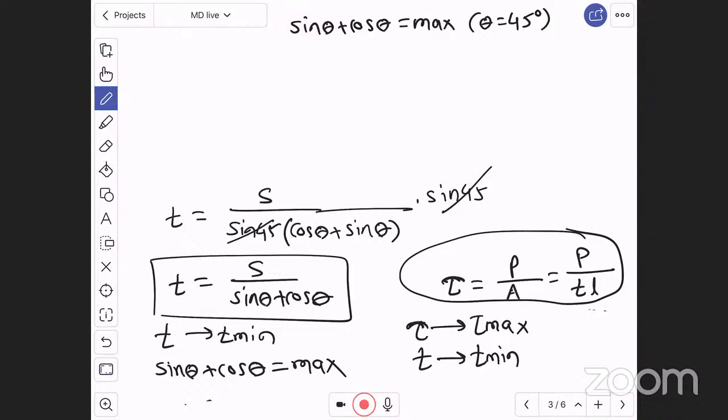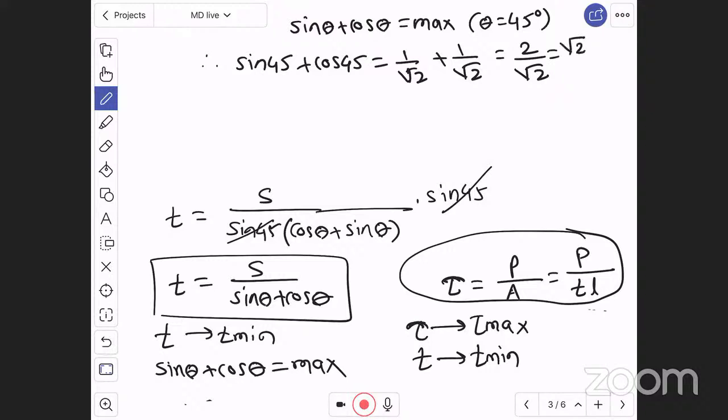Therefore, we can say sin 45 plus cos 45 is equal to sin 45 is 1 by root 2 plus cos 45 is also 1 by root 2, which is nothing but 2 by root 2, which we can write as root 2 into root 2 divided by root 2.